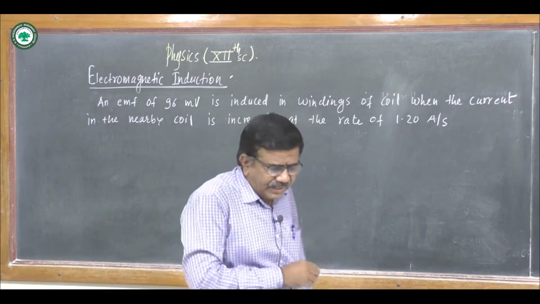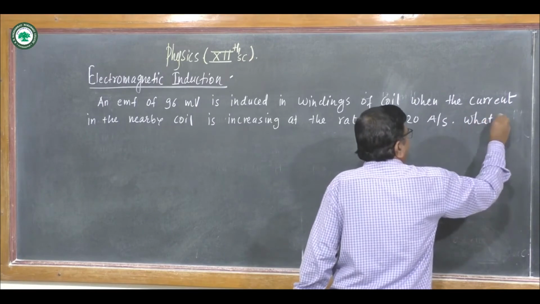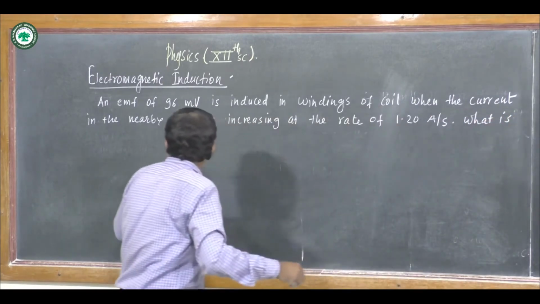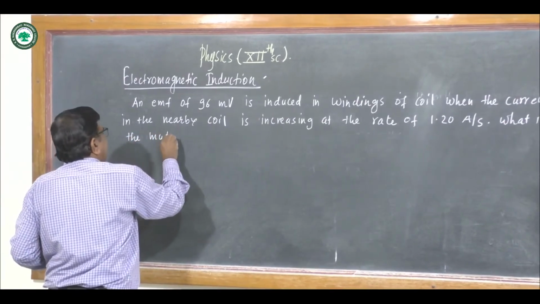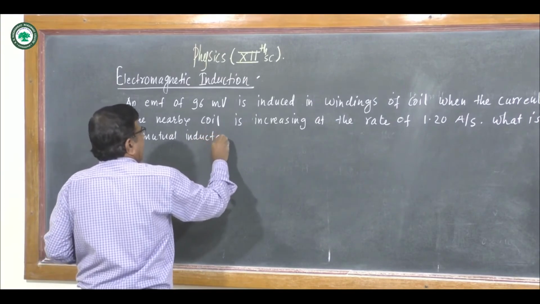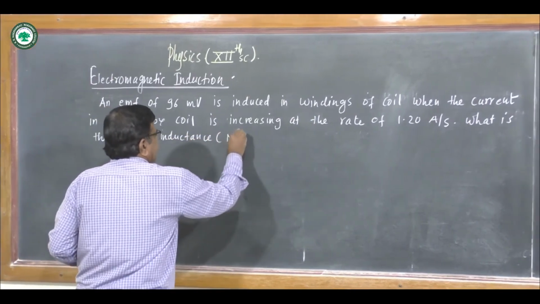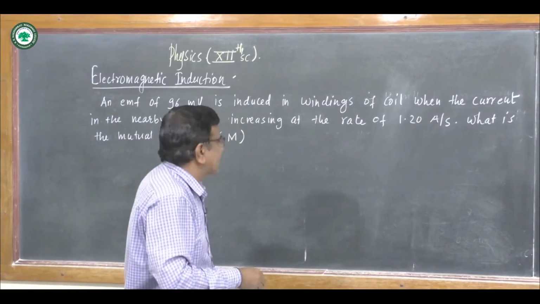What is the mutual inductance? That is, we denote it by M, the mutual inductance of the two coils.